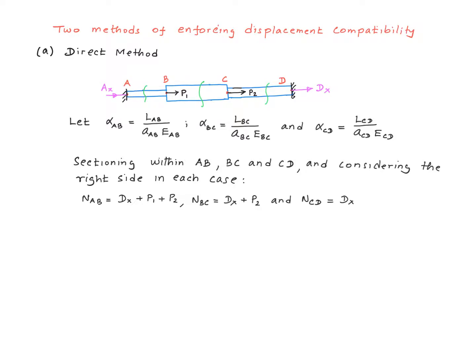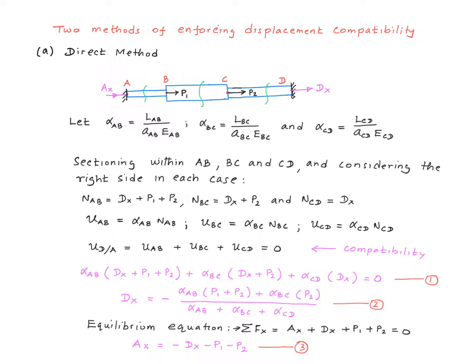And by equilibrium equation, we know NAB then should be the sum of all the forces going to the right. That will be DX plus P1 plus P2, right? So that's what I have over here. And similarly, if you section it here, you get this, and if you section it over here and still consider the right side, you get this, right?